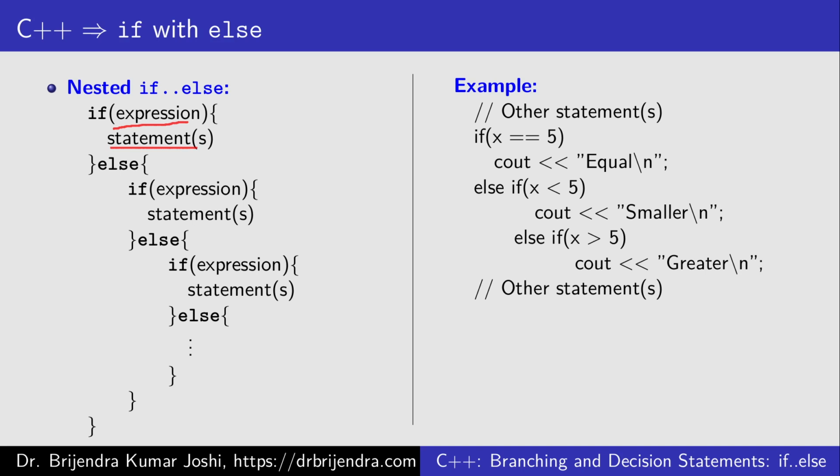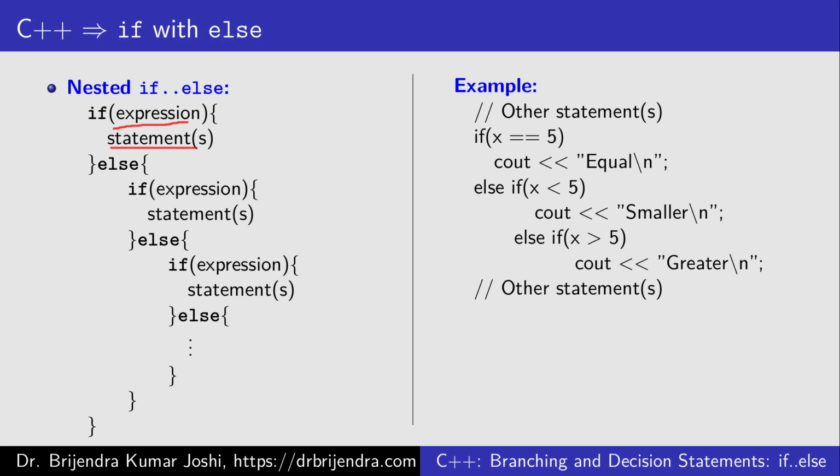So wherever we have written a statement inside if, it can be if else. One point to note, every else has to be associated with a corresponding if, but if does not necessarily require an else block. So remember, every else has to match with a unique if.